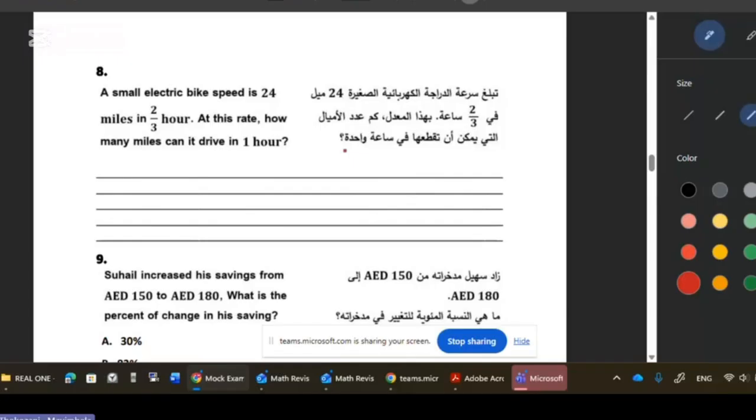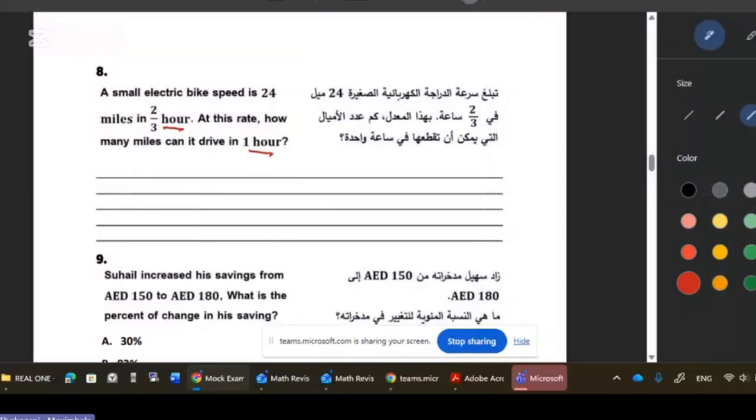At this rate, how many miles can it drive in 1 hour? Now, very interesting as well. They gave us miles in hour, and they're also asking us an hour, which means we don't need to worry much about converting anything. So there will be no conversion whatsoever.